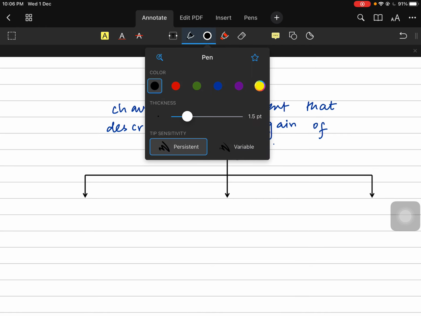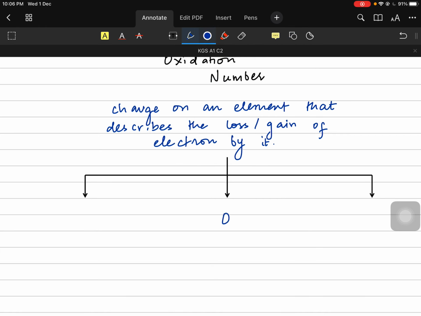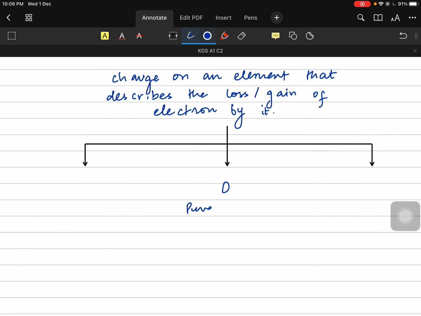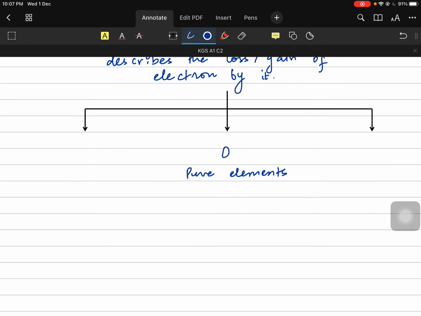So if it is a zero oxidation number, it is obviously for pure elements, because only pure elements in their pure elemental state are zero. For example, pure elements could be in pairs, in groups, or whatever, but as long as it is the simple single element, it's going to be a zero. For example, pure sodium, 0, pure iron, 0, pure copper, 0.